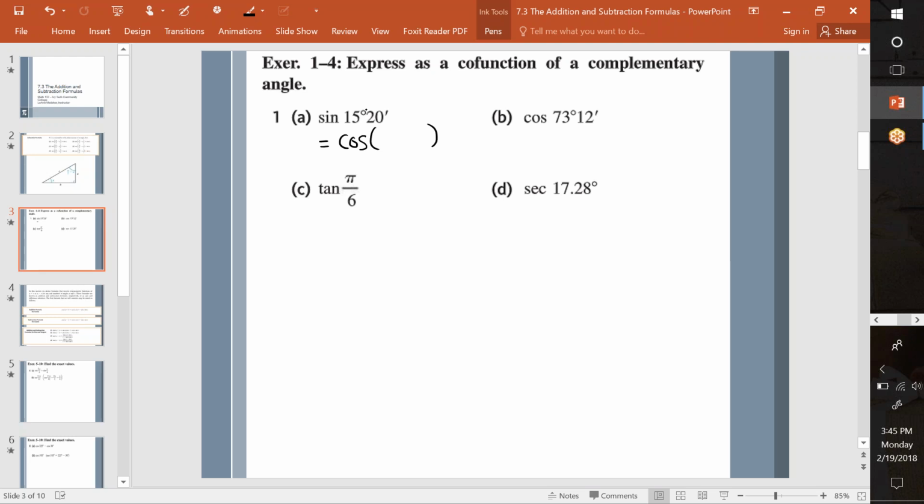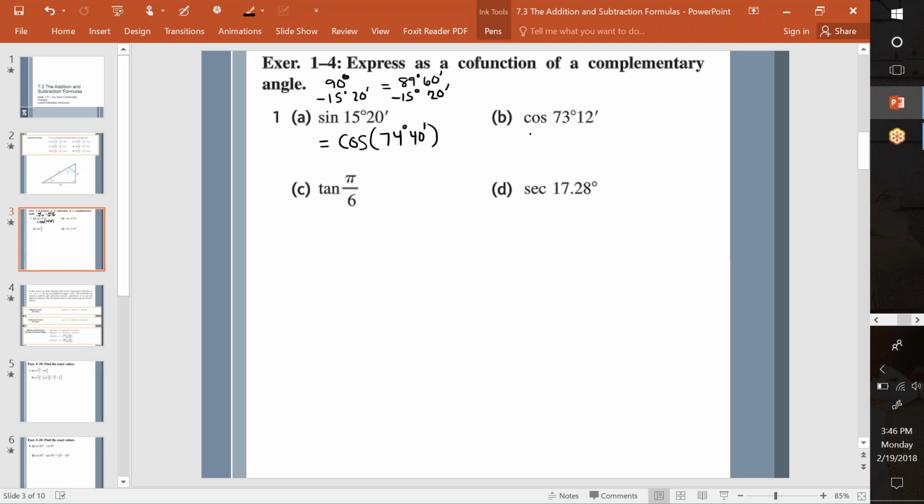It's going to be 90 degrees take away this. So 90 degrees minus 15 degrees, 20 minutes. Remember, when we deal with minutes, we have to borrow a degree. So this is actually going to turn into 89 degrees, 60 minutes, because there's 60 minutes in a degree. Subtract 15 degrees, 20 minutes, and that would leave us with 74 degrees and 40 minutes. That would be the cofunction of a complementary angle.